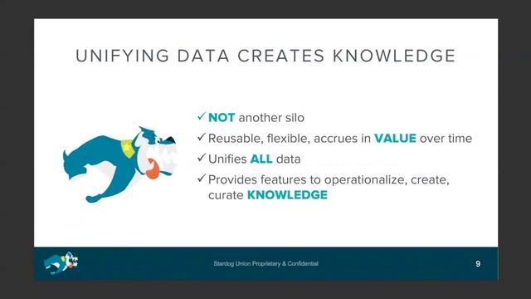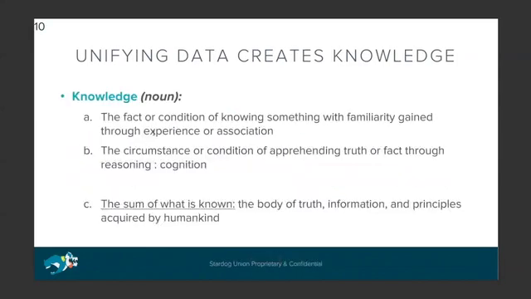Is needed to create, curate, and operationalize knowledge. Here we see the definition of knowledge. The key part of this definition is, at the end, the sum of what is known. Earlier, we talked about the liability that comes from having disconnected data, from having that incomplete view of the world.